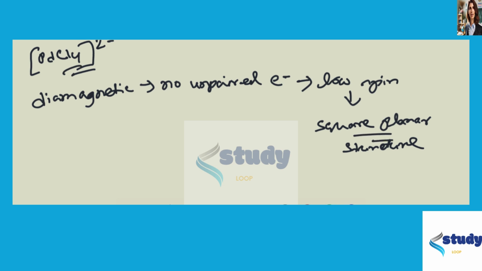But let's have a look at why it will have a square planar geometry, or how we are actually proving that it's a low spin complex. For that, let's draw the orbital splitting for a square planar complex. For a square planar complex, the d orbital splitting takes place like this.